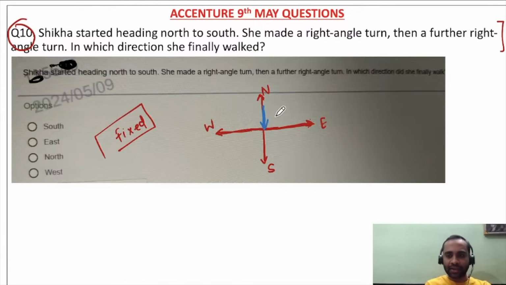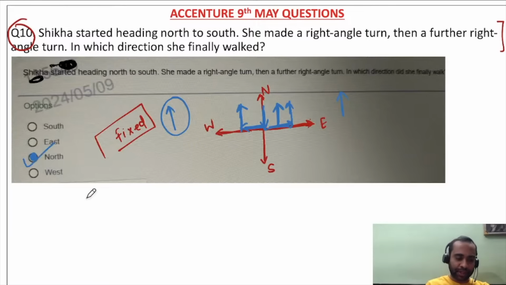If you are taking a total of 180-degree turn, then it will be nothing but the opposite direction, right? So Sikha might have gone 90 degrees this way, and then again 90 degrees this way, or she would have gone in this direction, this and this. So in any case, with two 90-degree turns you will be able to go north, right? So option C will become the correct answer.